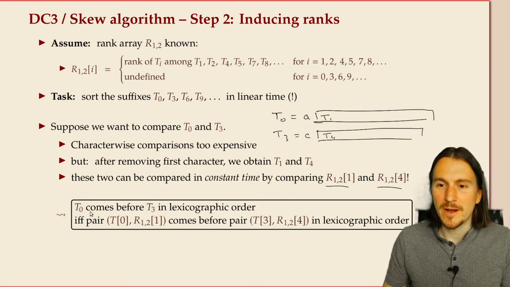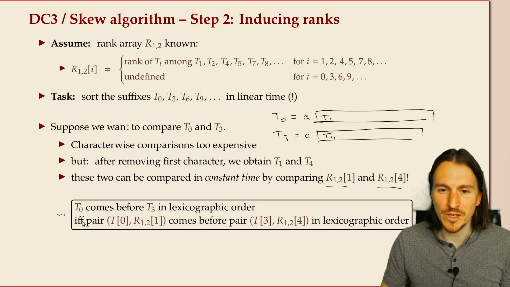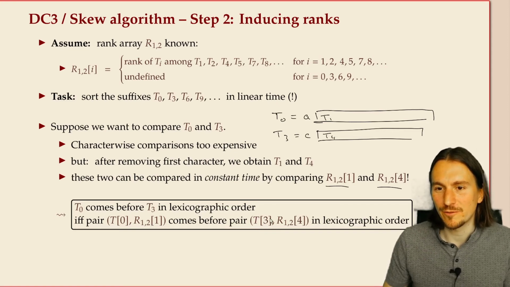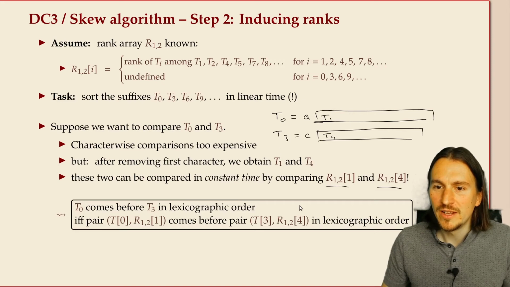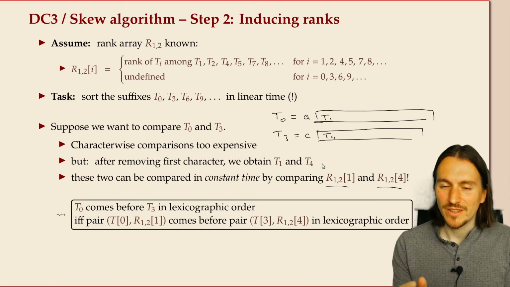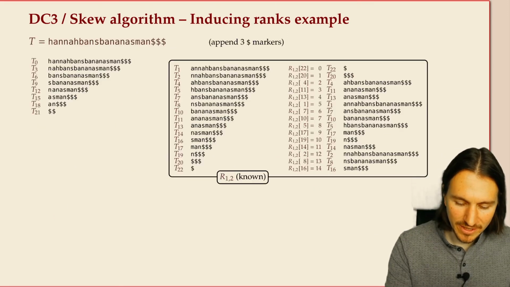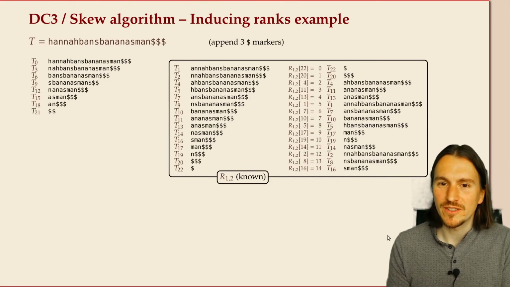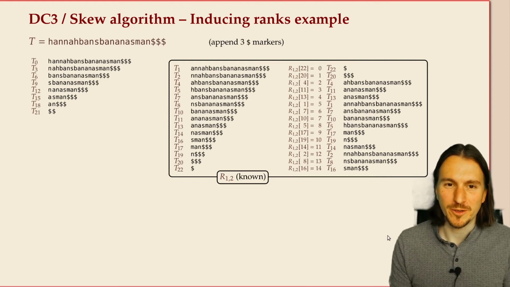So to summarize, T0 comes before T3 in lexicographic order if and only if this pair, as a small string if you want, with the first character of T0 and then the rank of T1, comes before the pair with the first character of T3 and then the rank of the remainder. That's the main magic step, and that allows us to induce the ranks in constant time per comparison.